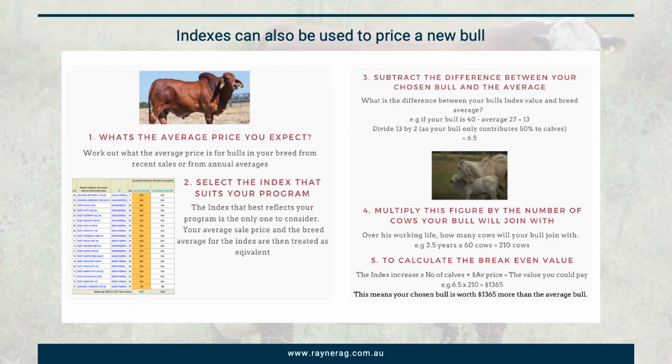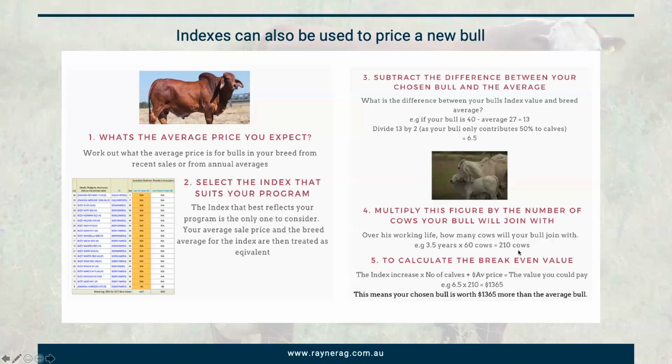And so that's an example of how I use it, where I find the index that suits my particular programs. And then I look at the difference between the average of my bull versus the breed average. And that gives me what I'd expect the bull would contribute.